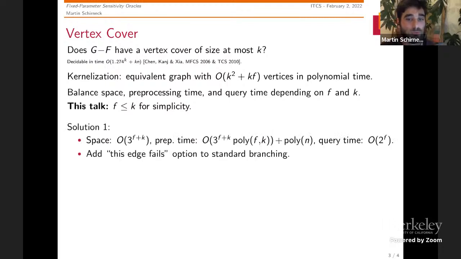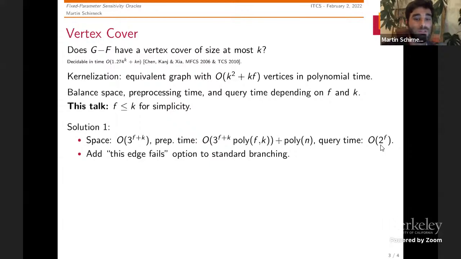In our first solution, I already hinted at for vertex cover, we just take the standard branching, an edge, add this edge, or this edge fails option, and we get from this something in space 3 to the f plus k, which is essentially computable in time proportional to its space, but has a query time that depends only on f.